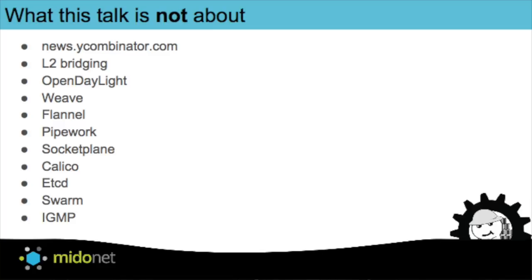So there's a lot of things in the Docker ecosystem that deal with networking and orchestration. So there's a lot of things you can choose from. And we are here today in an OpenStack crowd. So all of you know what OpenStack is and how Neutron works and what you can do with OpenStack networking.